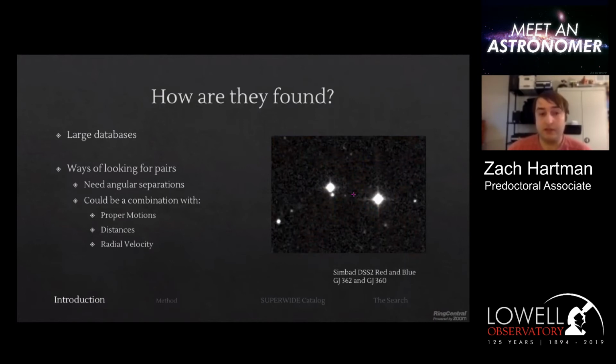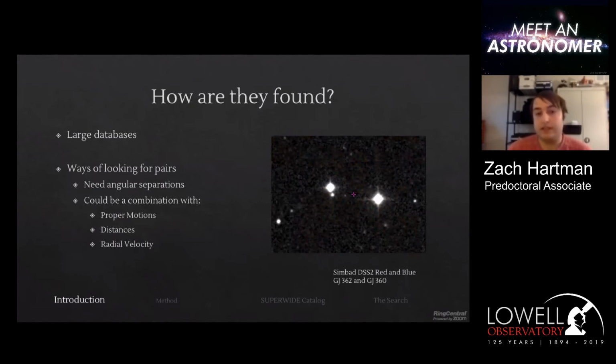As I was mentioning earlier, we have several ways of looking for these pairs. Number one, probably the most important thing that you need is angular separations, because you don't want a star that's on one side of the sky, and then on the other side of the sky, you say that's a wide binary, because most likely it is not.